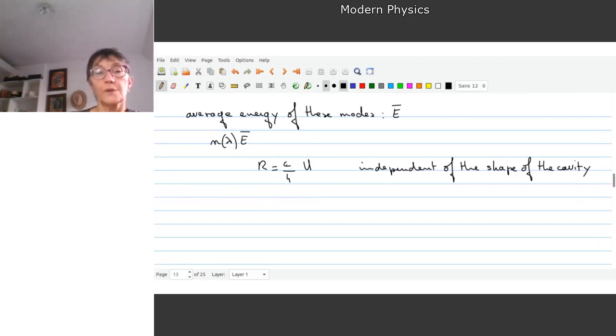So you have R proportional to this. Probably this is an energy per unit of volume. You can see with the dimensions, no, actually this is energy, this is joule.